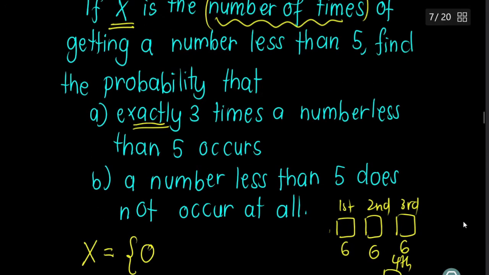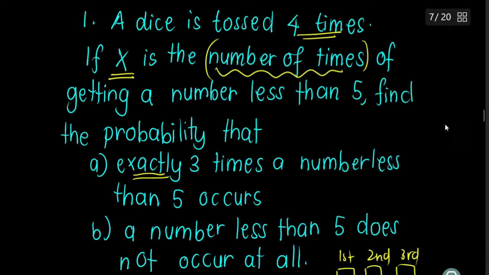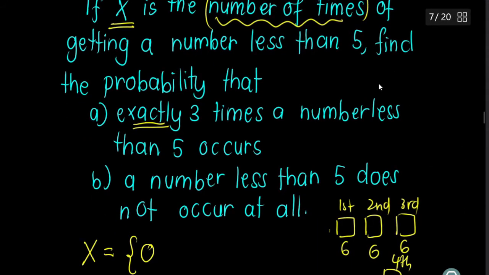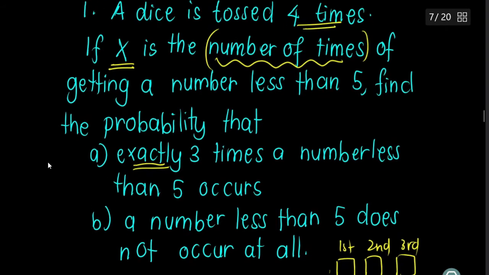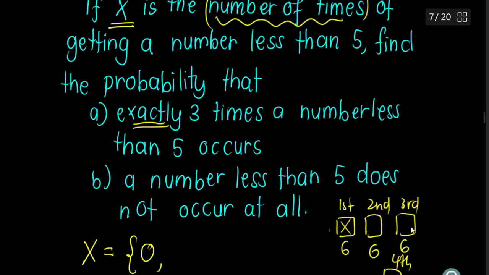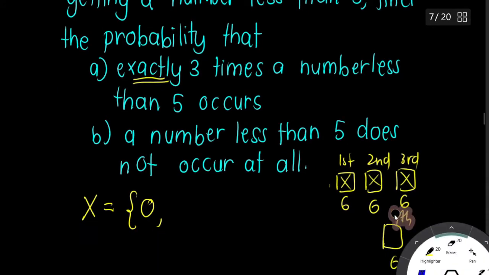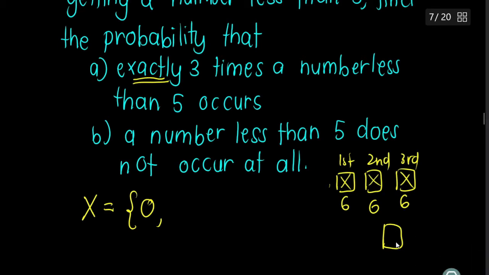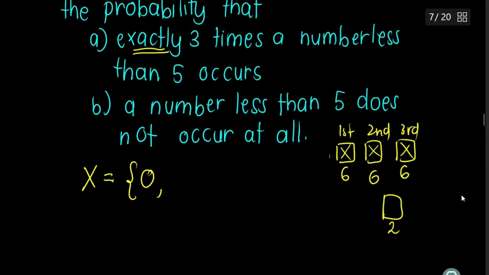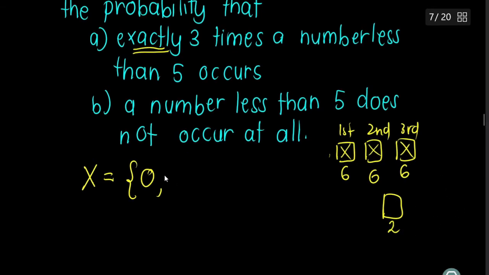So the number of times getting a number less than 5 is 0 times. Or maybe the first time didn't get less than 5, second time didn't get, third time didn't get, fourth time maybe we got number 2. So maybe one time it happened.